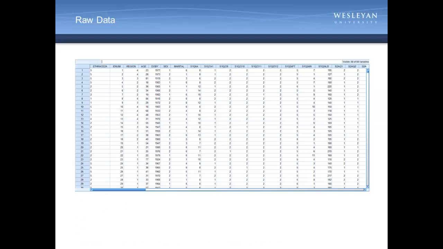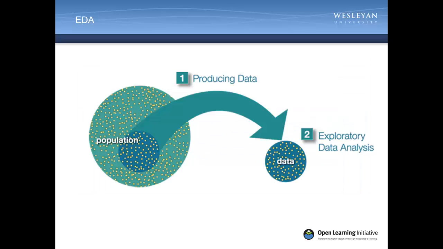Raw data consists of long lists of numbers and/or labels and are not very informative in that format. Because of this, in order to explore and make sense of the data, we need to summarize that list in a meaningful way. Exploratory data analysis, or EDA, is how we make sense of data by converting them from their raw form to a more informative one.